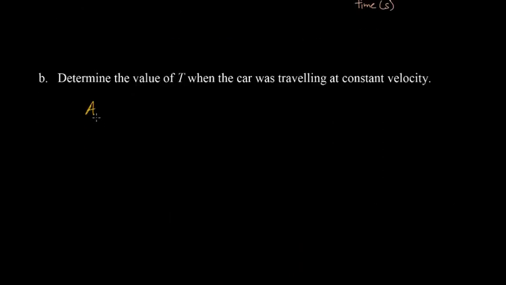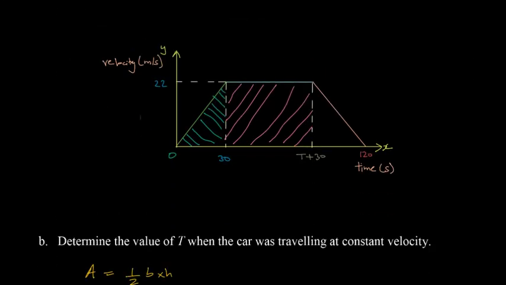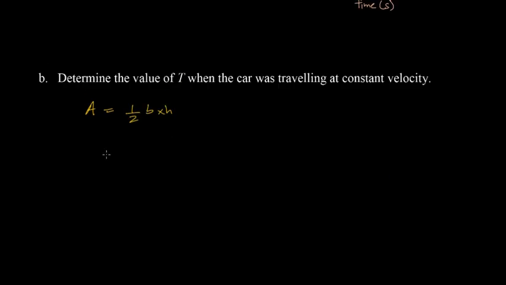Area A is equal to a half base times height. Looking back at our diagram, the base is from 0 to 30, and the height is from 0 to 22. So this will be equal to 30 times 22, and we take the half of that, so we divide by 2.